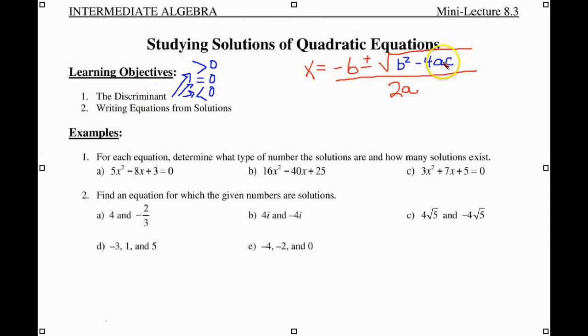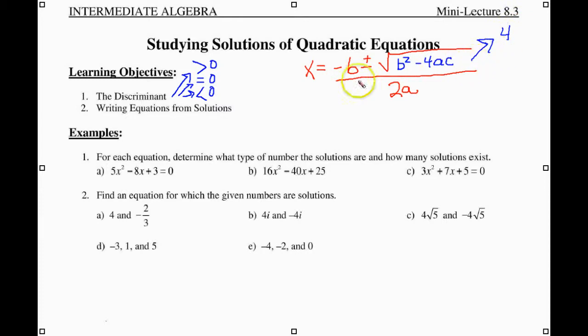Now, if we look at what values we get under the radical sign, if under the radical sign it's greater than 0, let's say that this discriminant comes out to be a 4, then this is going to be a perfect square, and you're going to get, as a result, 2 real numbers that are rational.